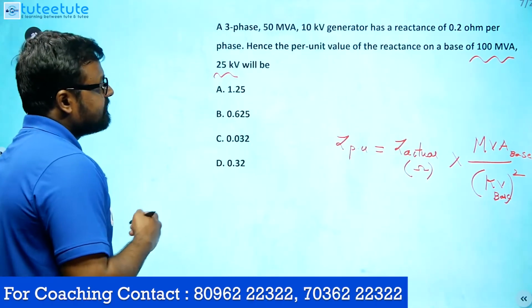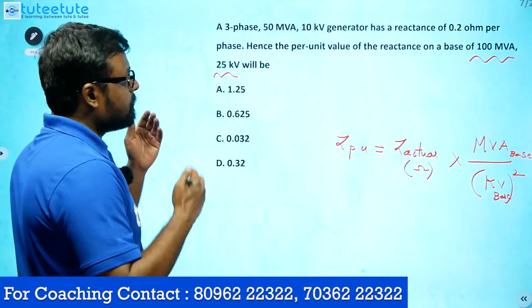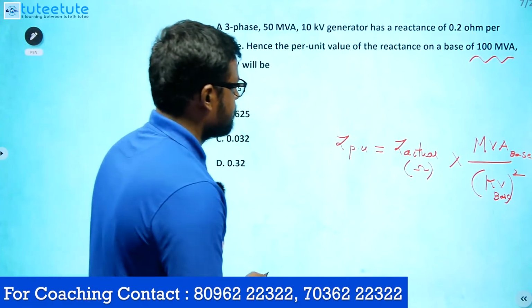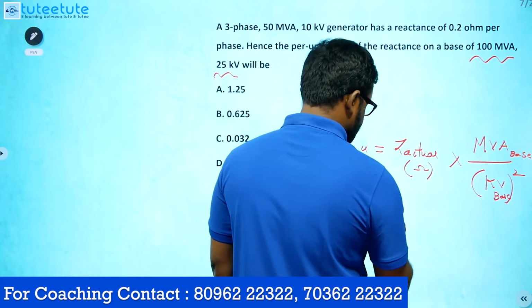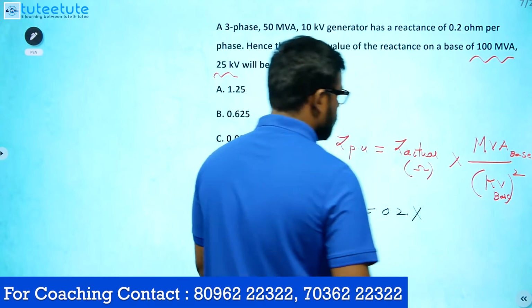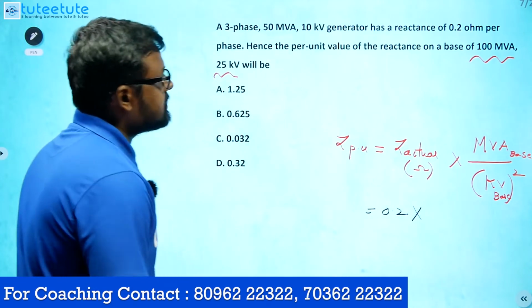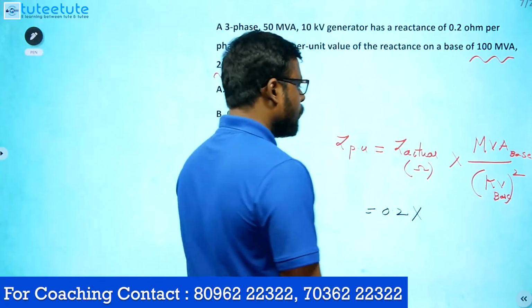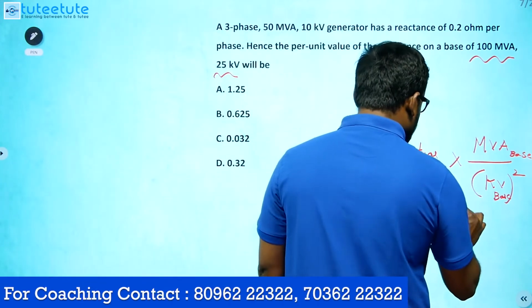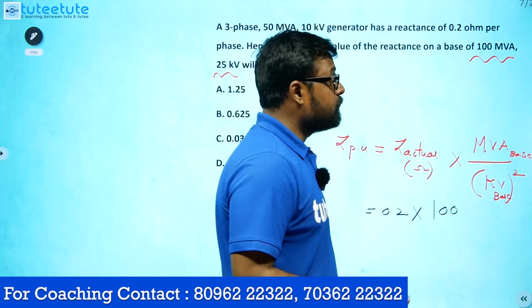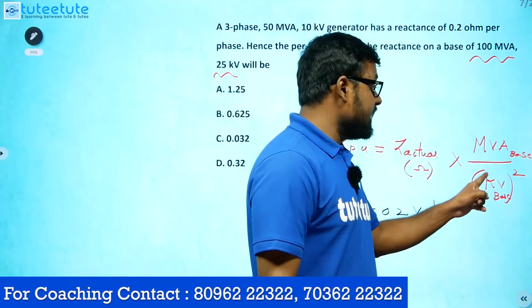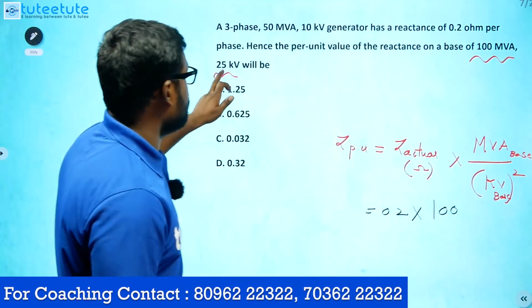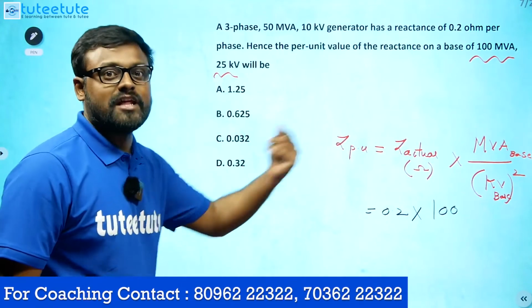So what is the per unit value of 0.2 ohms per phase? That is equal to 0.2 into, what is the MVA base value here? 100. You have to put only 100, not 100 into 10 power 6. If you put 100 into 10 power 6, in the kilovolt base also you have to put 25 into 10 power 3.